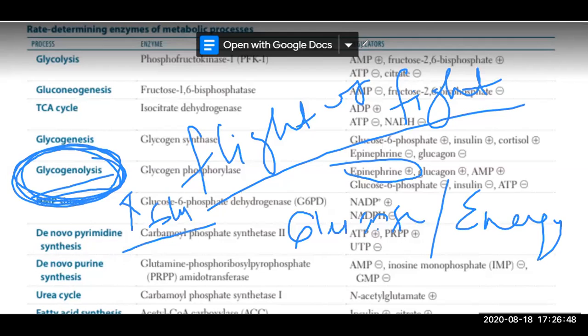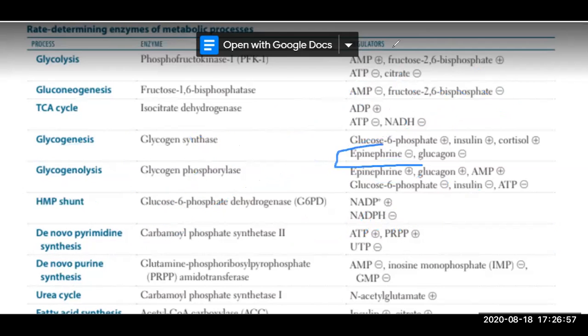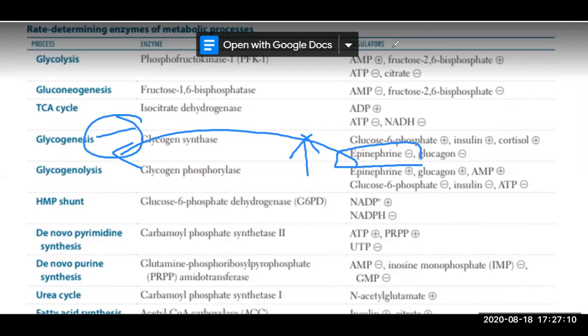And the opposite thing will happen with glycogenesis. You already have more epinephrine, you have more energy. So epinephrine will inhibit this cycle. It will say, please, I don't want glucose. Store the glucose for future, for the bad times. So epinephrine will inhibit glycogenesis, the formation of glycogen.